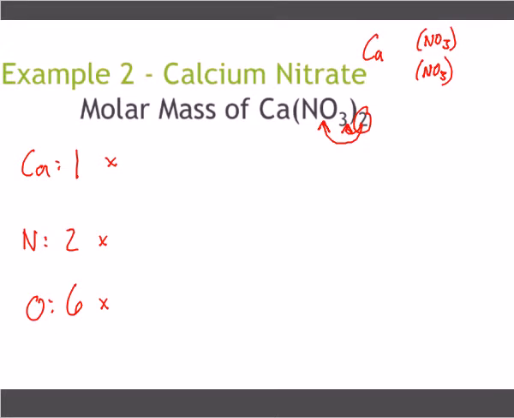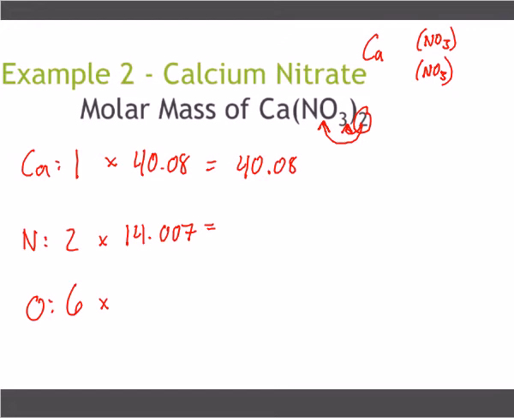Mass of calcium, if I remember correctly, it's like 40.08. When you've done it this many times, it's just repetitive. Nitrogen's like 14.007.